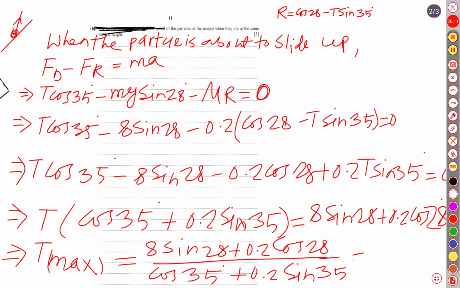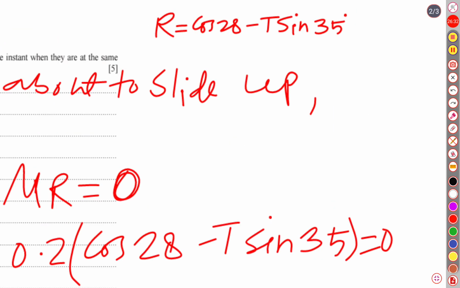Then let me calculate this using my calculator. 8 sin 28 plus 0.2 cos 28, will it be 0.2 cos 28? Sorry, I made a great mistake.